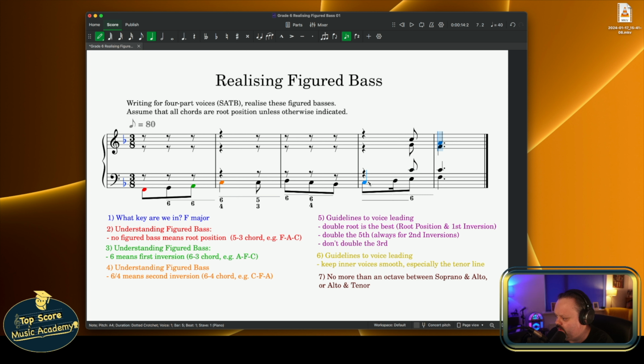Now, the chord before that is actually at the start of this bar. Here we can see a C in the bass, and we've got this continuation line under that C, this line here. That means that whatever chord we decide to put above this bass note, or whatever notes we decide to put above this bass note, they should last until the very last beat of this bar, a C, E, G chord.